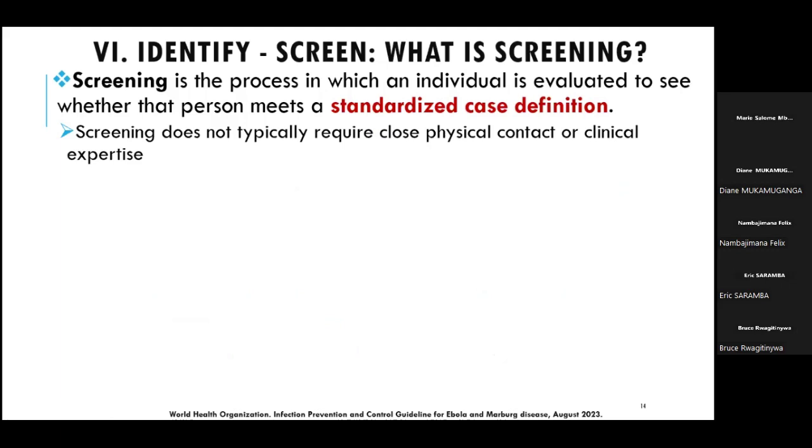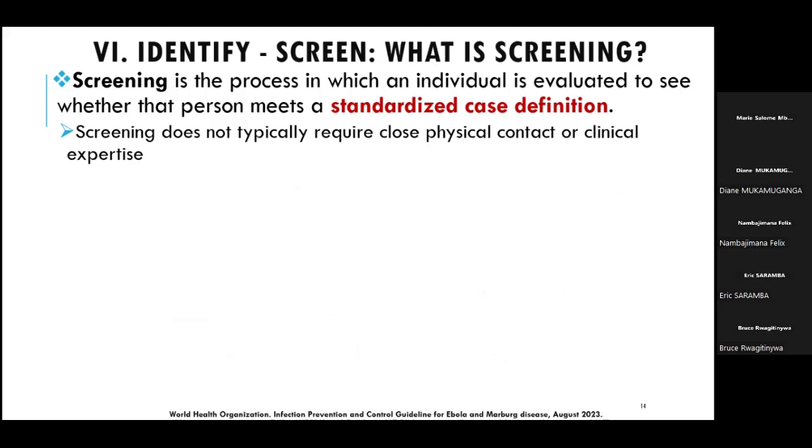So for those who are not familiar with the terms we have used, screening is the process to identify potential individuals meeting a standardized case definition. For example, in case of Marburg, we have a case definition that I will show later.